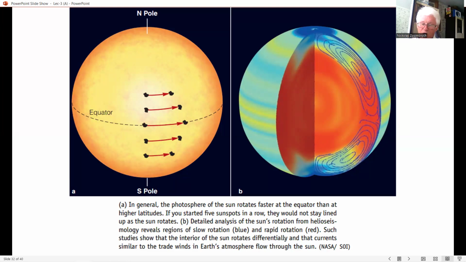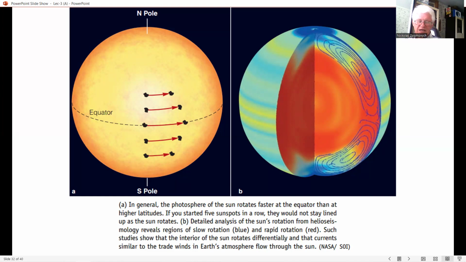As you can see on the left figure, at the left part of this slide, at the equator, the photosphere rotates only every 25 days, but at latitude, for example, 45 degrees, one rotation takes 27.8 days.